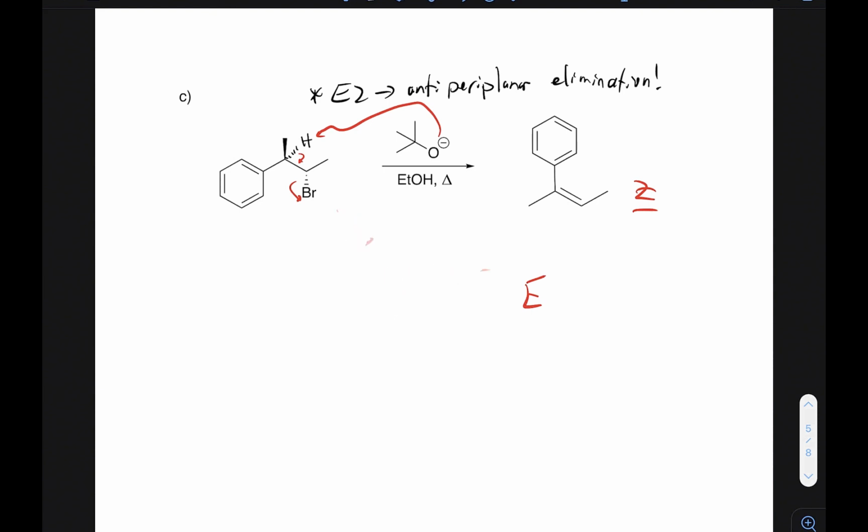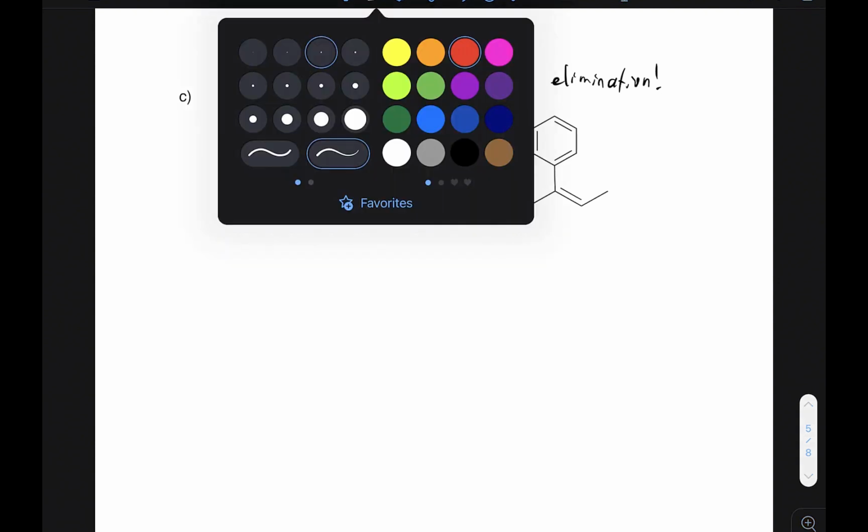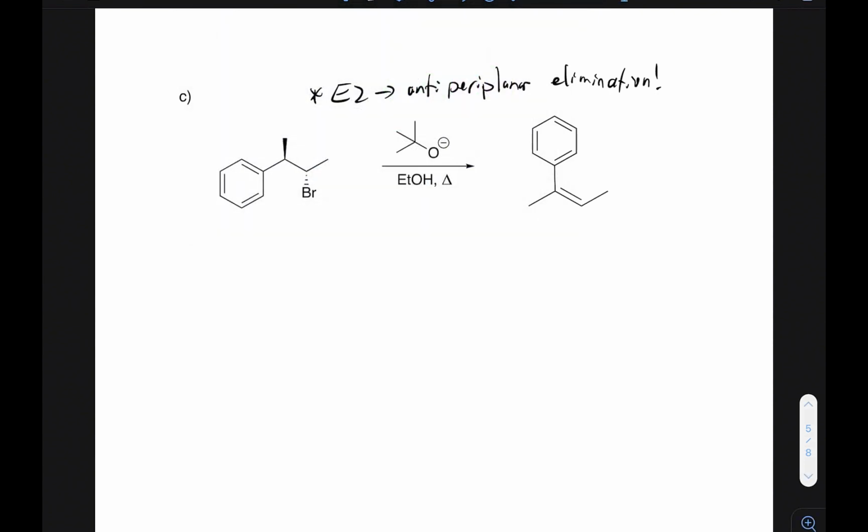What we have to do is a bond rotation to get the hydrogen and bromine on the right side. So let's rotate the bond here to have that happen. So we'll keep the bromine on the same side, right? Notice we have our methyl group here pointing up, we have it up here, so let's keep that the same, but let's rotate the other side, because we want that hydrogen to be on a wedge.